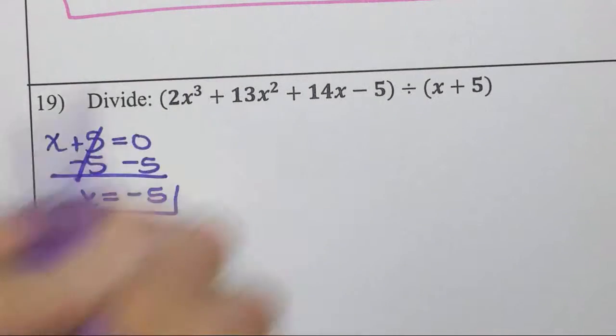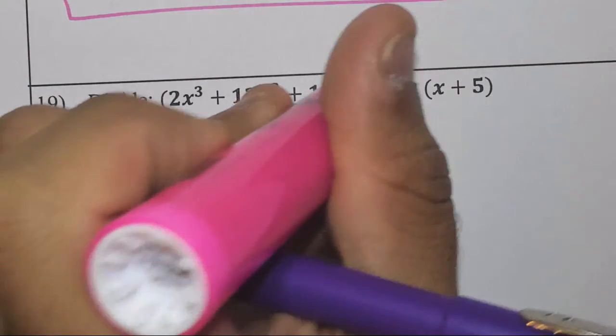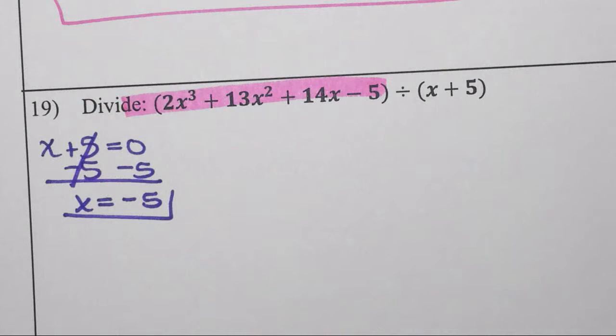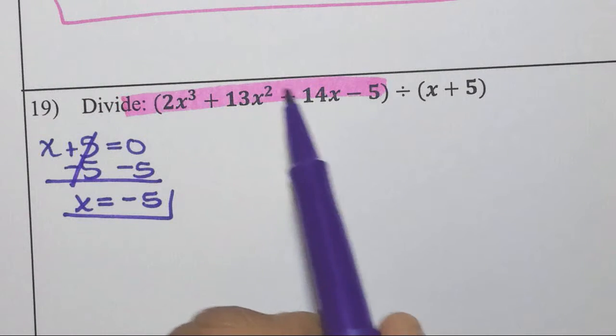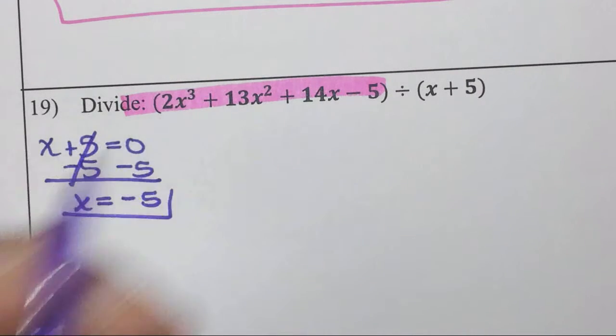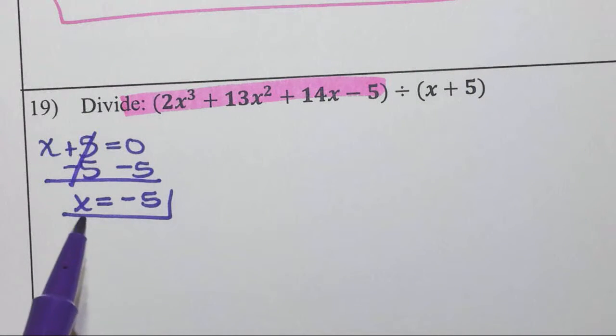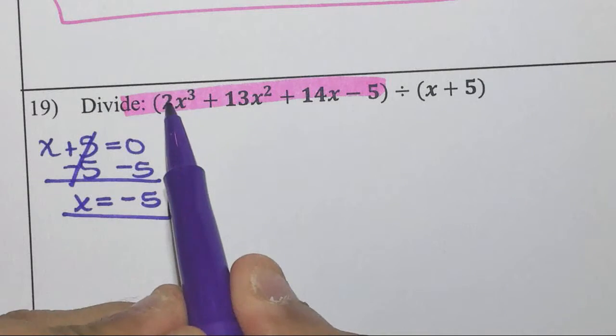Then you want to see if there is order. What I mean by order is the exponents: 3, 2, 1, constant. So there is order.